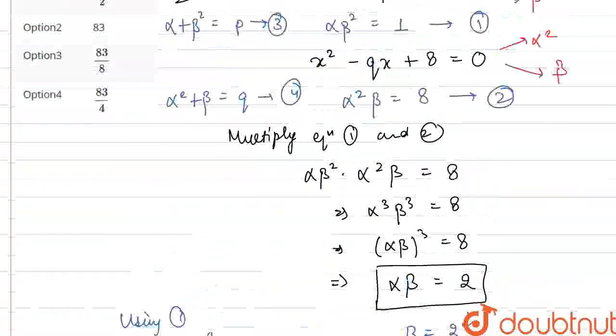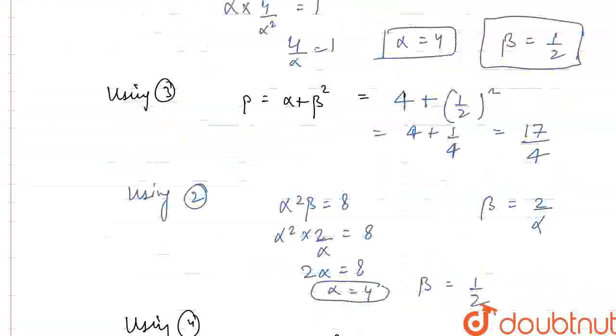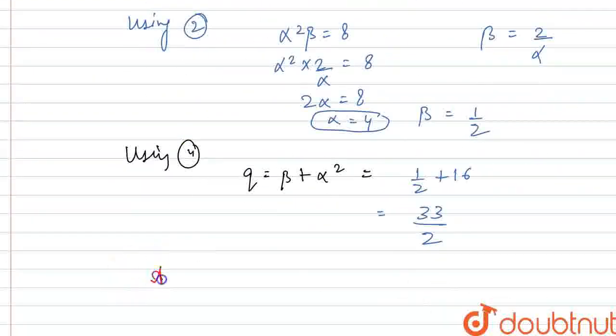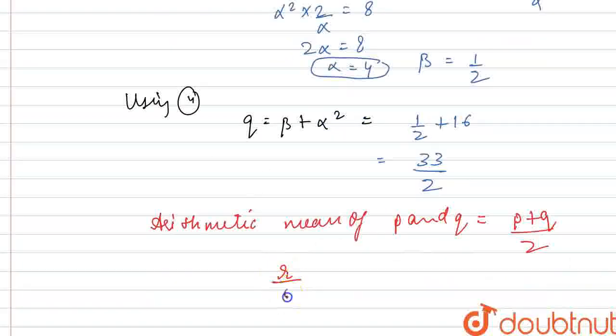Now what is given in the question is that r by 8 is the arithmetic mean of p and q. We know that the arithmetic mean of two numbers is the sum of those numbers divided by 2. So this will be p plus q by 2, and this equals r by 8.